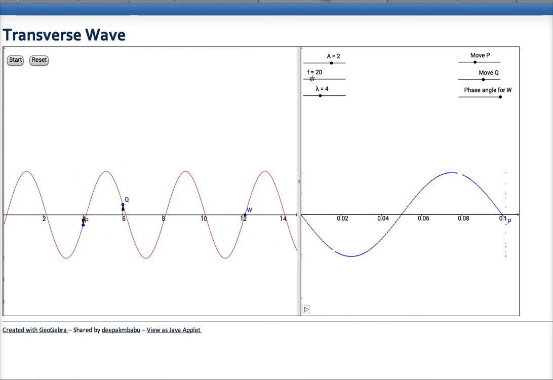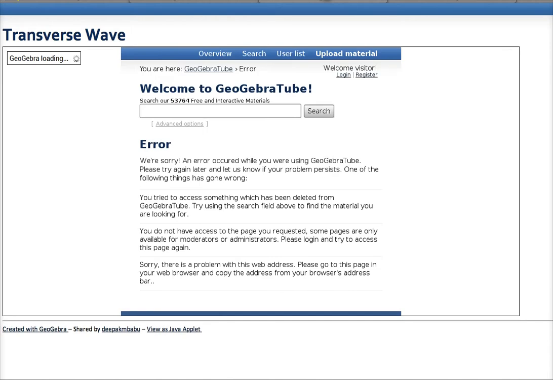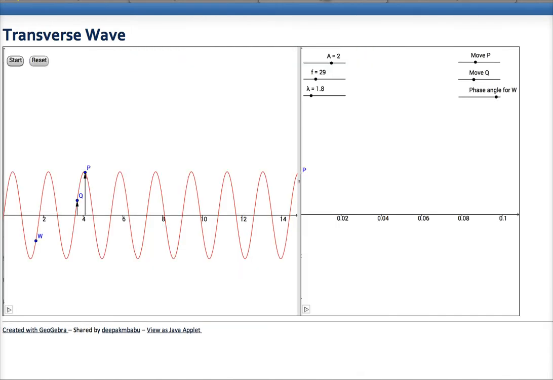Hertz. Okay, I'm going to repeat this, and this time I'm going to again set the particle W so that it coincides with... I have to reload, I'm sorry, there's no other choice. Okay, here we go.